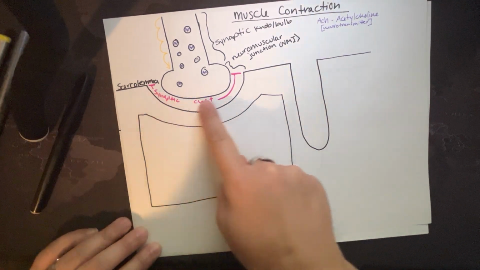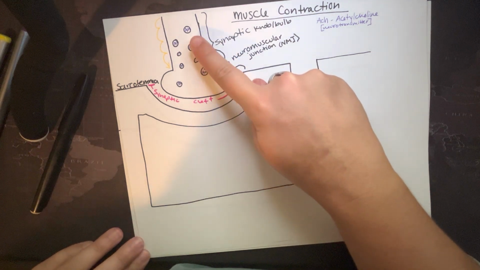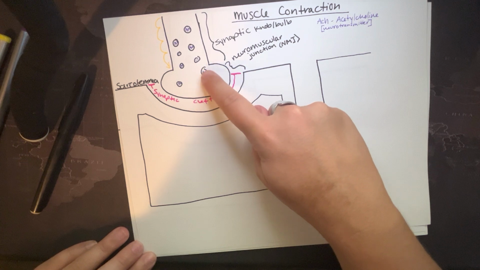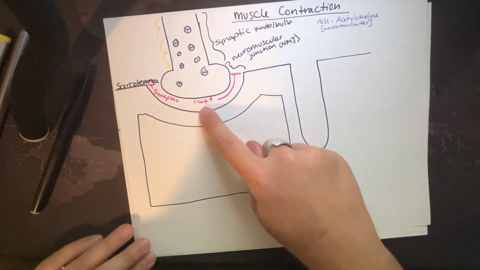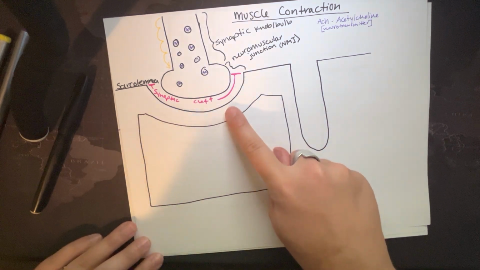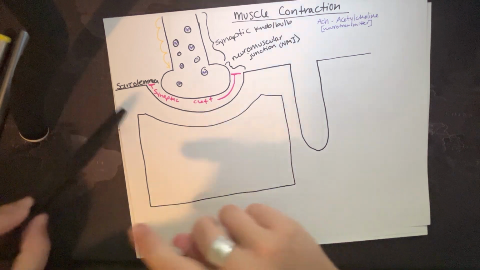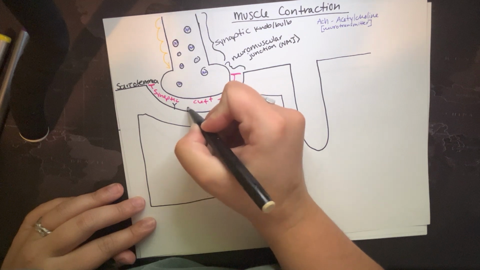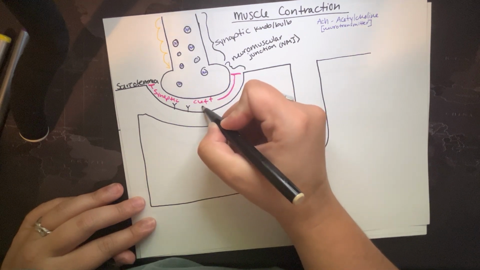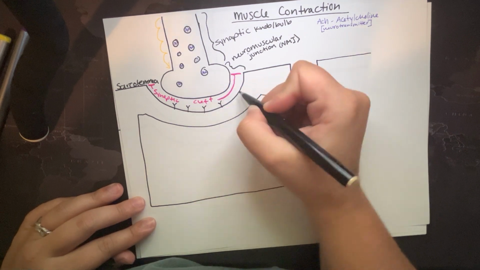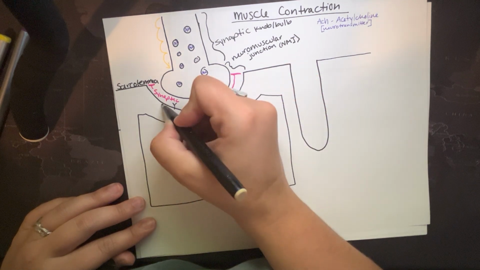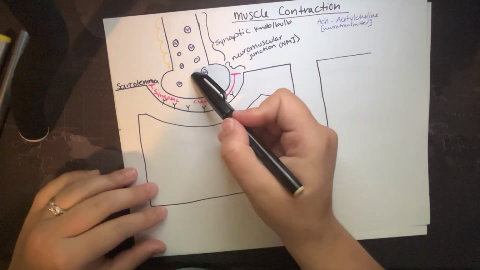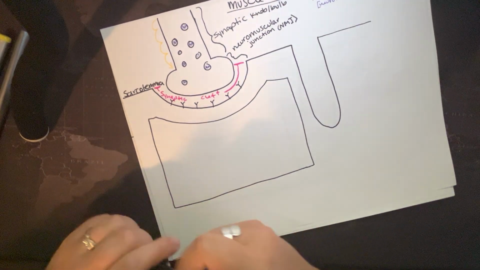So we have our synaptic cleft, we have our acetylcholine and its transport vesicles. In order to send our neurotransmitter across the synaptic cleft to the muscle, we have to have something that will receive that chemical, and that is going to be our receptors. So we're going to have some receptors on this part of the sarcolemma that are going to sit there and wait for the acetylcholine to send them across the synaptic cleft.